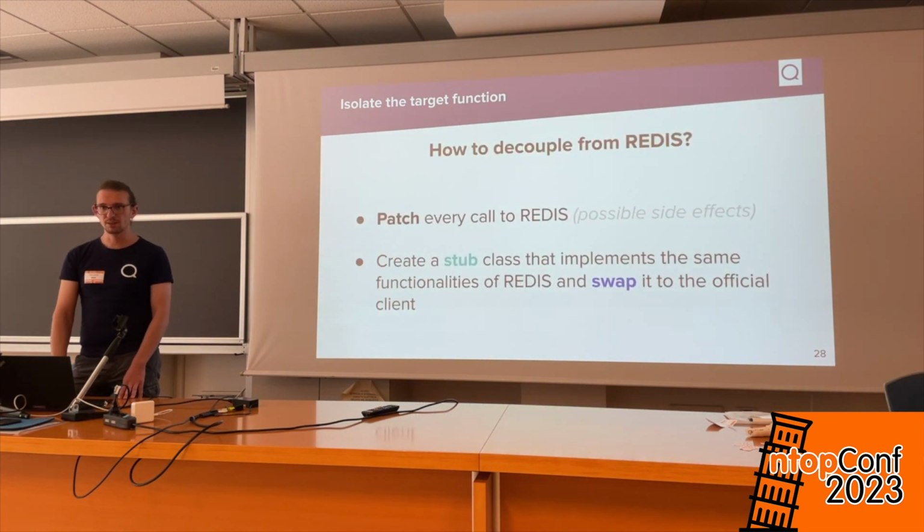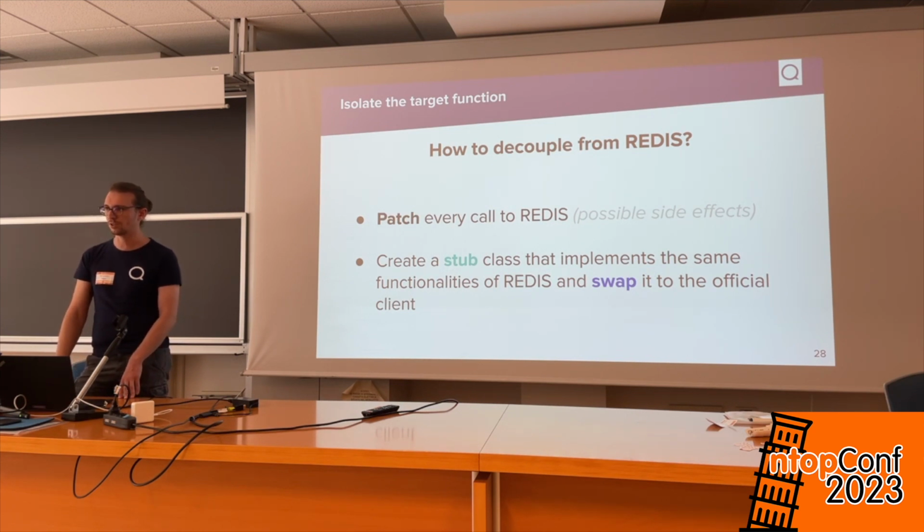For Redis, it was a bigger problem, because the code that was using Redis was really too much. There were two solutions. We could patch every piece of code to the Redis API, but in this case it was not feasible, as there were too many places where we were calling Redis.